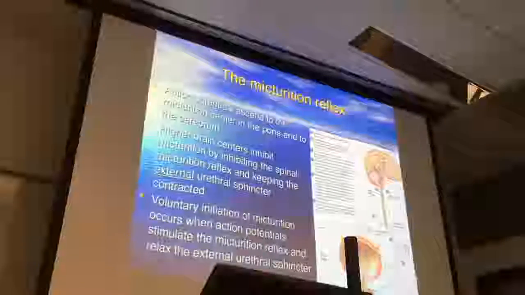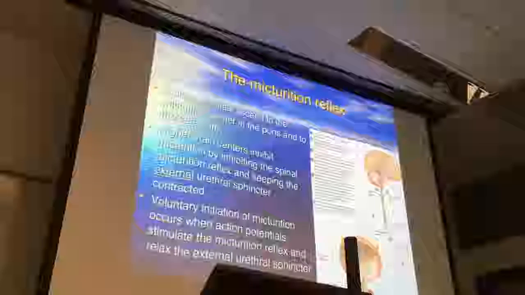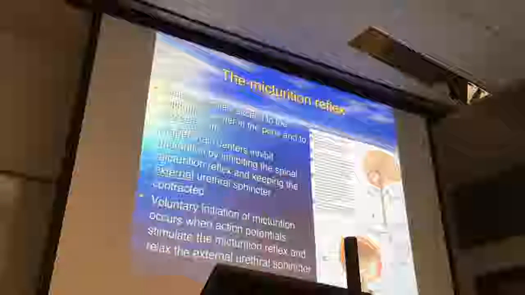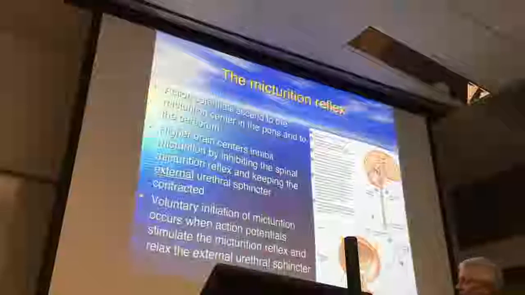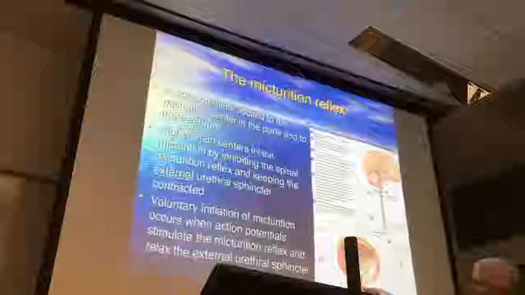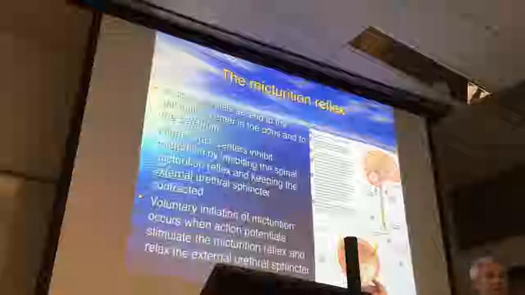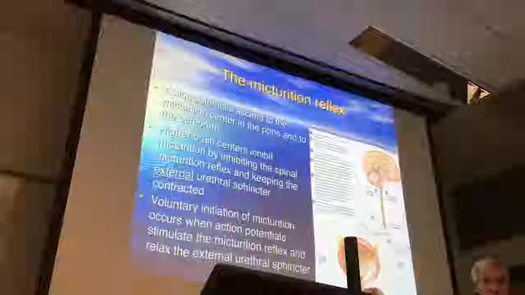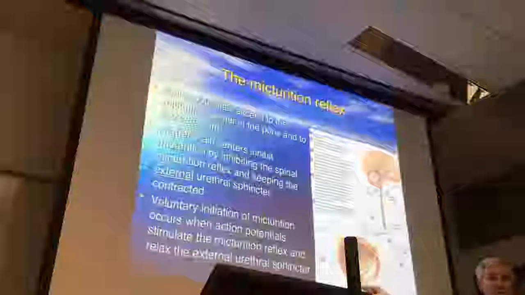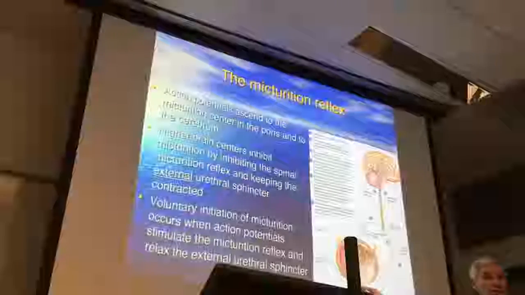Yes? How does it work when you have an enlarged prostate, what pressure, does it push up? No. What's happening is in the male, right here, we have the prostate gland. If you have an enlarged prostate, it's compressing the part of the urethra which goes through the prostate.